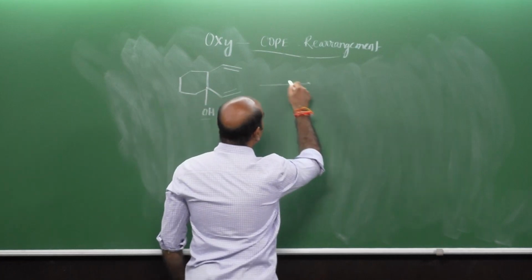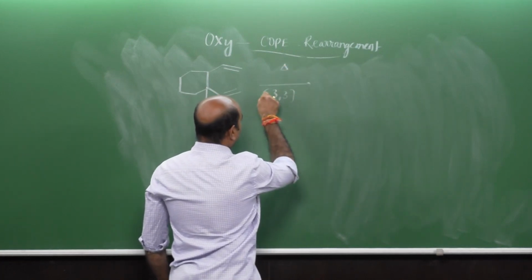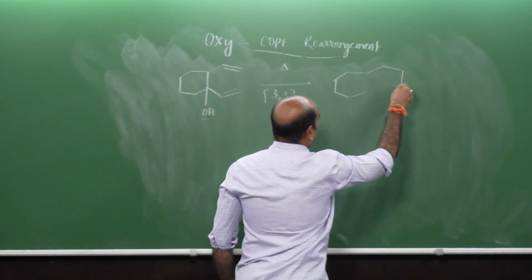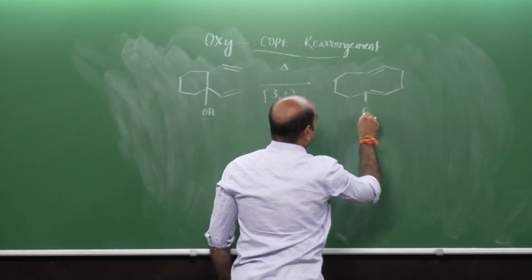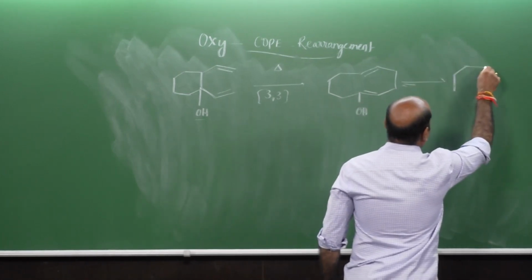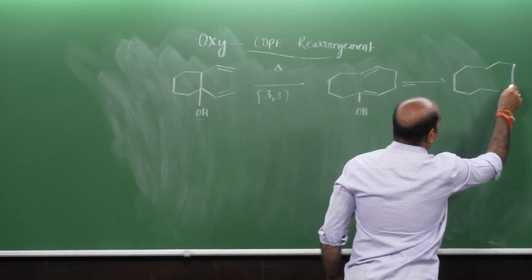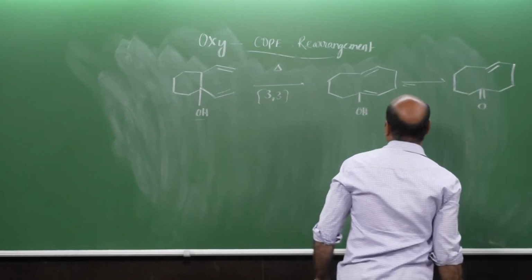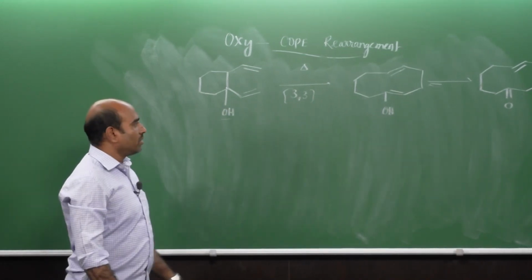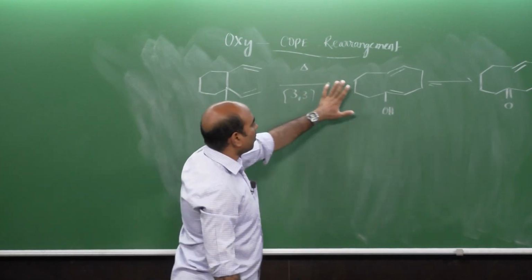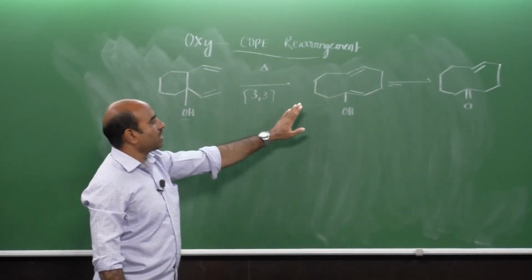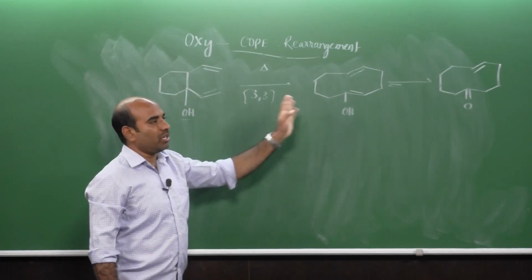So this can always undergo 3,3 sigmatropic rearrangement, and the product will be this one, or after tautomerization this one, right. After undergoing tautomerization, you will end up with the carbonyl compound. Before tautomerization, the actual product of the 3,3 sigmatropic Oxy-Cope rearrangement reaction is this one, which is always capable of showing the keto-enol tautomerization.